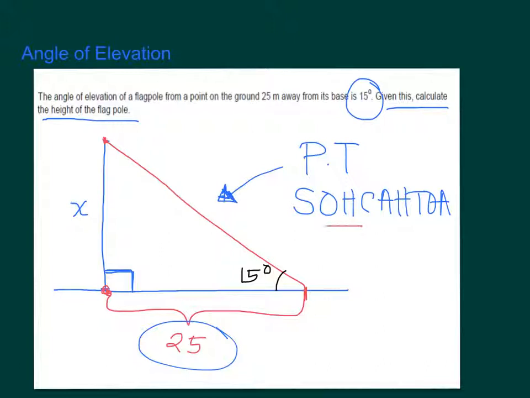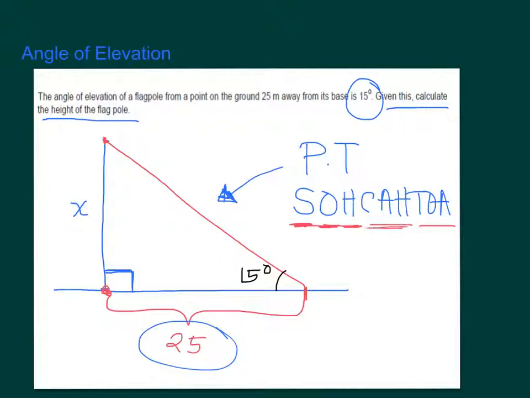So crucial to the selection of the function is how you identify the given information. I'll be using the sine function if the opposite side and the hypotenuse are given.